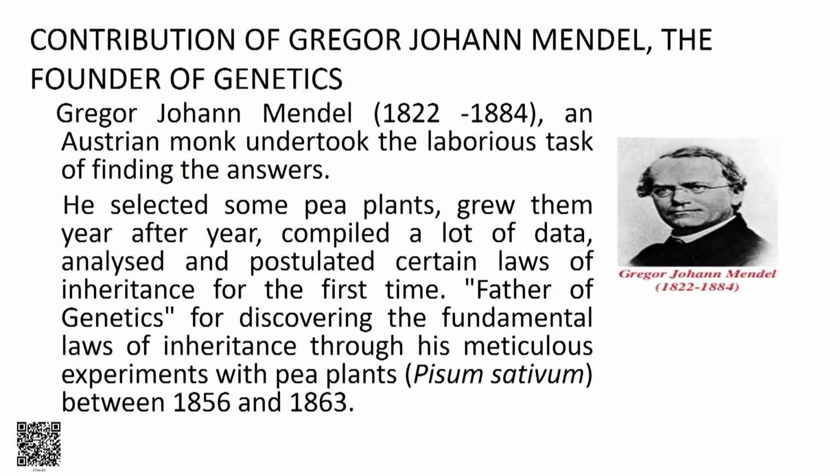He is the father of genetics for discovering the fundamental laws of inheritance through his meticulous experiments with pea plants between 1856 and 1863. His remarkable work, however, was recognized years after his death, when Correns, Tschermak and Hugo de Vries came to the same conclusions as Mendel after independently carrying out experiments in their own countries.